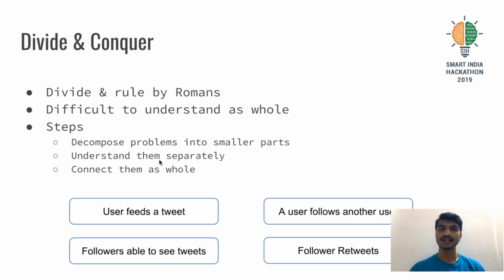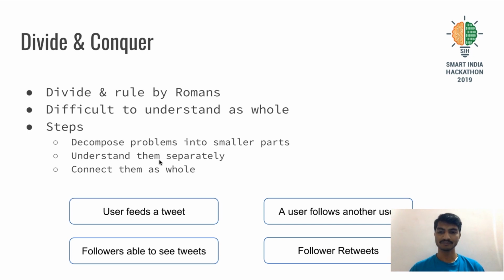They'll come and create the user account, and then they'll put their thoughts as tweets, and whoever is following that user will be able to see those tweets and they can react on them, and then they can retweet those tweets so that their followers can see it. So this is a whole system, to be simple, a simple whole system. Understanding and analyzing it as a whole system is going to be cumbersome.